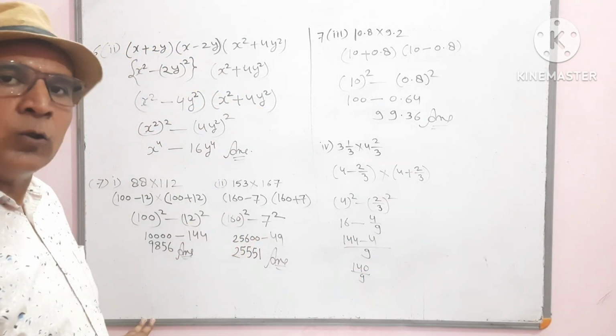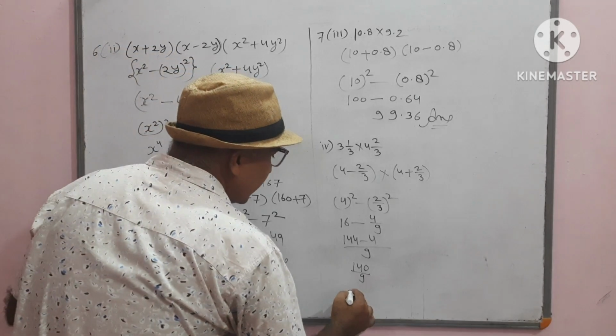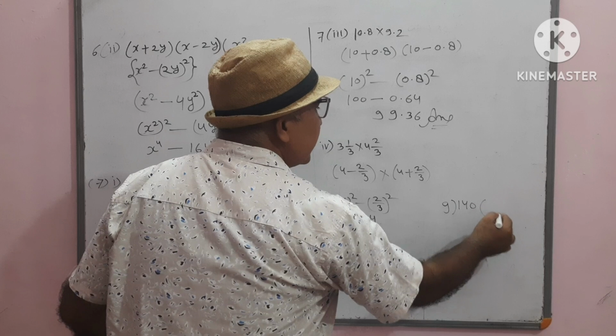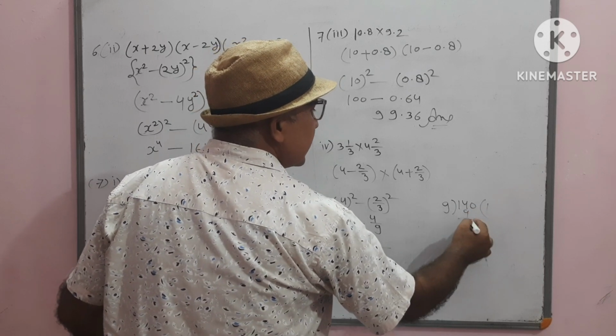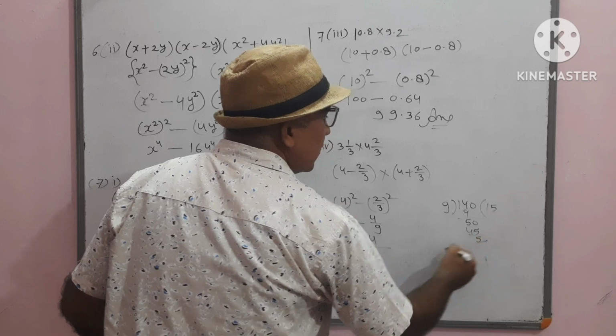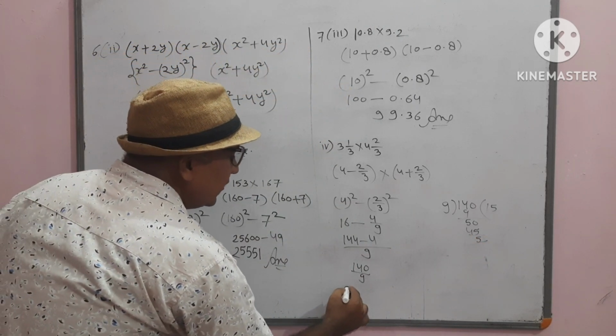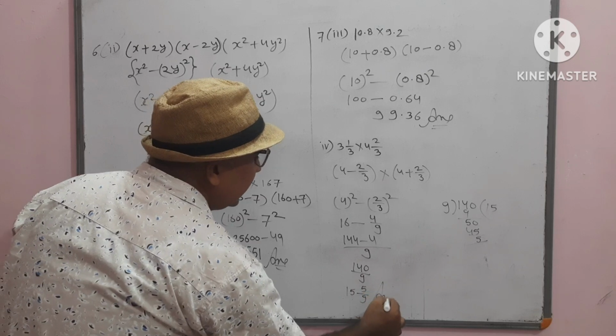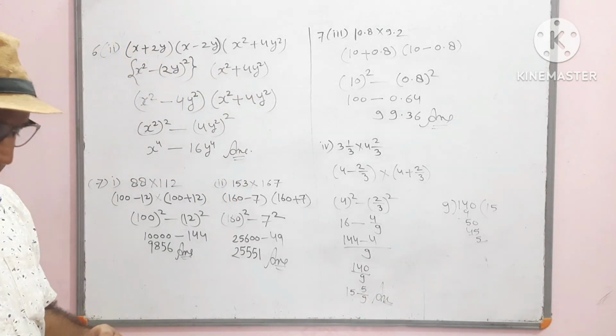Now convert it into mixed fraction. How will you convert into mixed fraction? From 9 divide 140. See this. So what you can write here? 15 into 5 by 9 and this will be your answer.